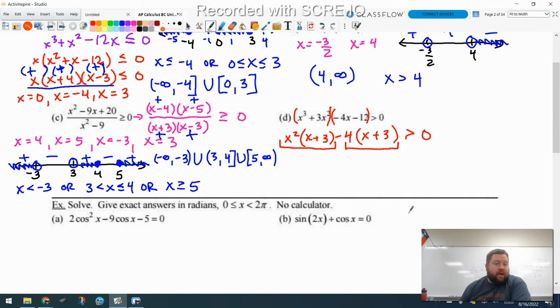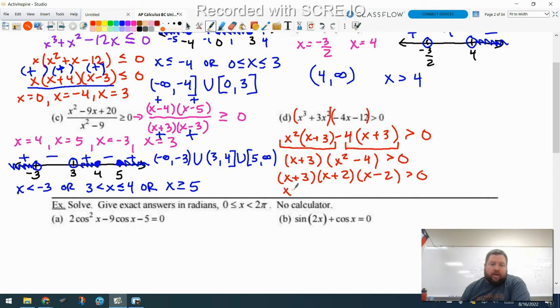What do these two terms have in common with each other? They both have an x plus 3. What's left over if we take out the x plus 3? Well, this term has an x squared left over. This term has a minus 4 left over. All right, we can factor one more time. x plus 3. This is a difference of squares. x plus 2 and x minus 2.